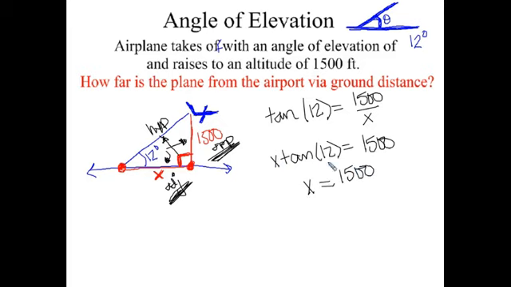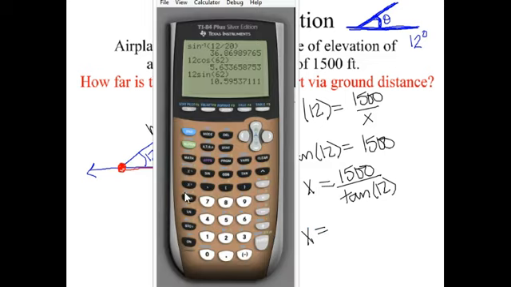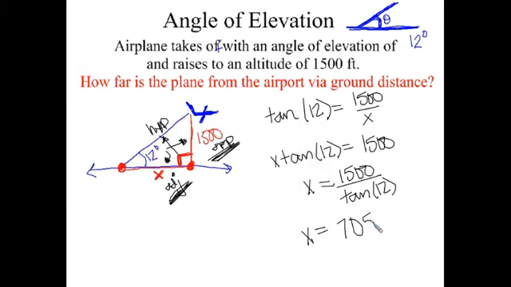Because after all, this tangent of 12 is actually a number. We're going to use our calculator to figure that out. So let's go ahead and figure out the distance from the airport that our airplane is. So we can do 1,500 divided by the tangent of 12. And it looks like we have a distance of 7,056.95 feet.